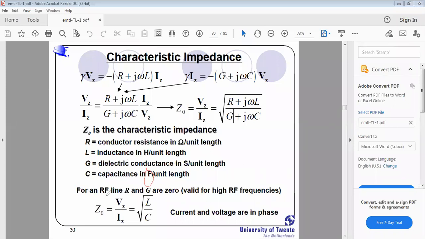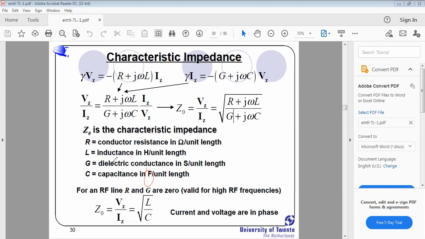For an RF line, R and G are zero. Here RF line means lossless, and they use the term RF line instead of lossless. R and G are zero means that is a lossless condition.